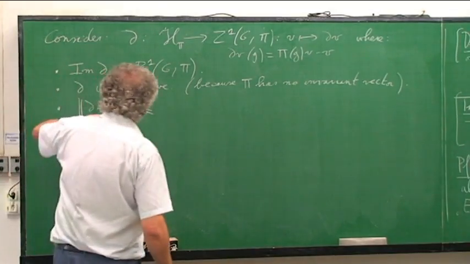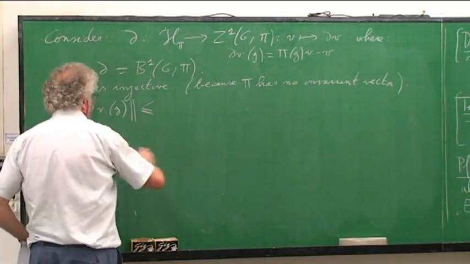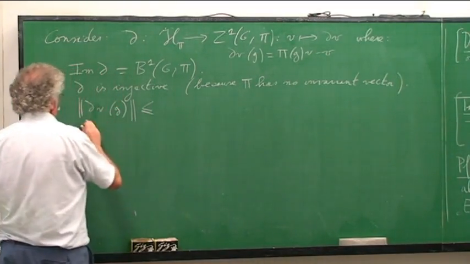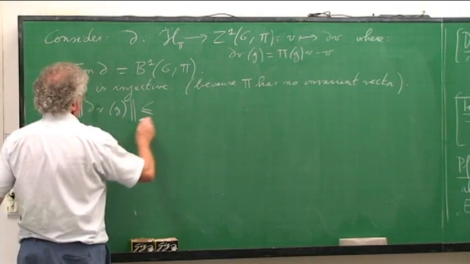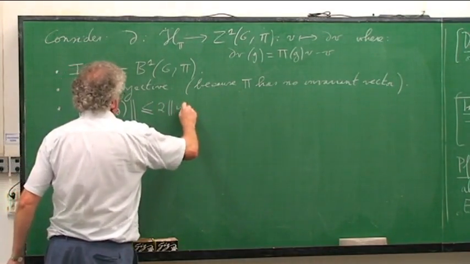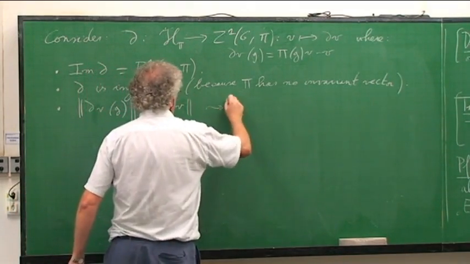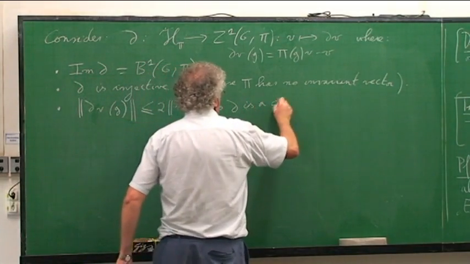The third observation, which we already did on the blackboard, is that the norm of this 1-cocycle is less than twice the norm of v, and as a consequence, del is a continuous operator.